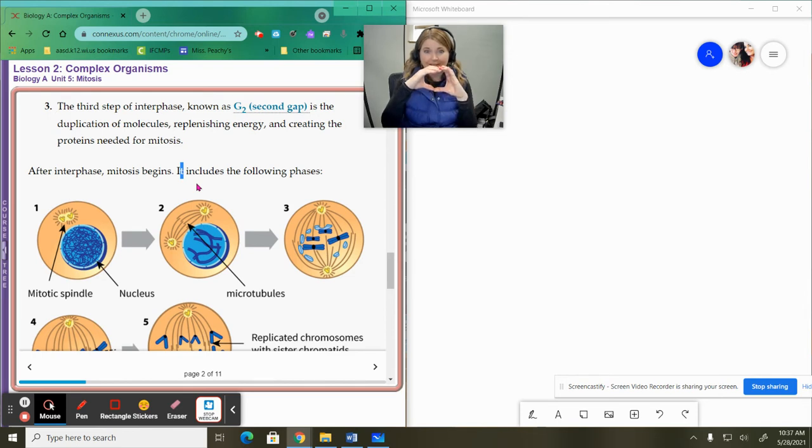So if the cell can get bigger first, and then divide, we end up with 2 of the same size cells instead of 2 smaller cells. We want to maintain the same size, because otherwise if it keeps dividing, eventually your cell's just going to disappear. And you don't want your cells to be too small, because then they can't accommodate all the stuff that needs to be packed inside of them.